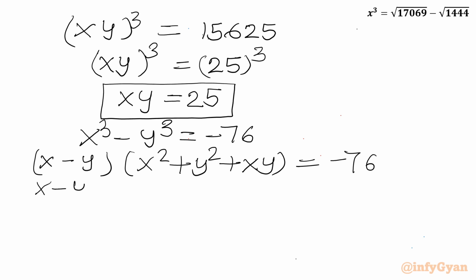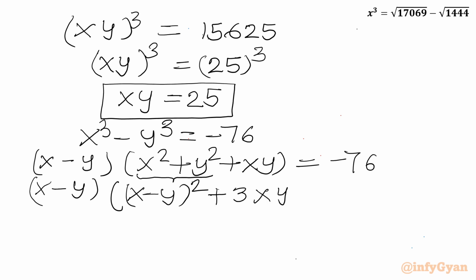I can write x minus y, and here x minus y whole square and then plus 2xy and plus xy, so plus 3xy equal to negative 76. Now xy is 25, so we will apply here.